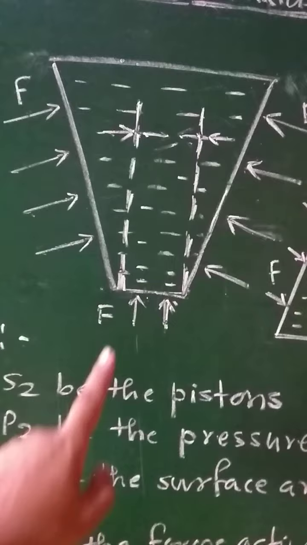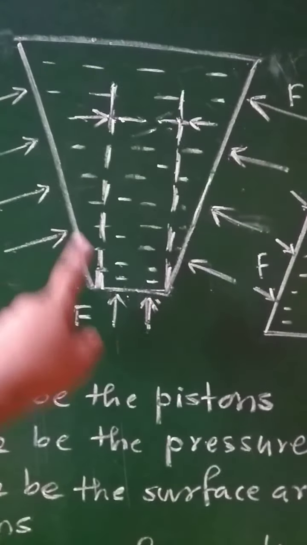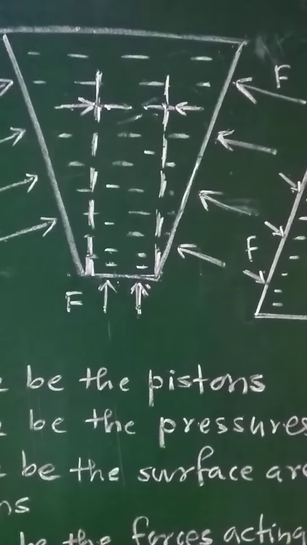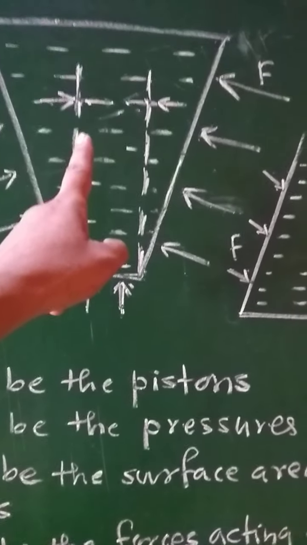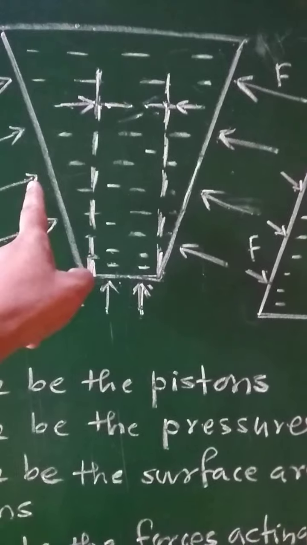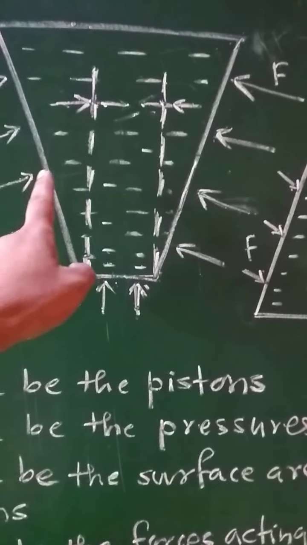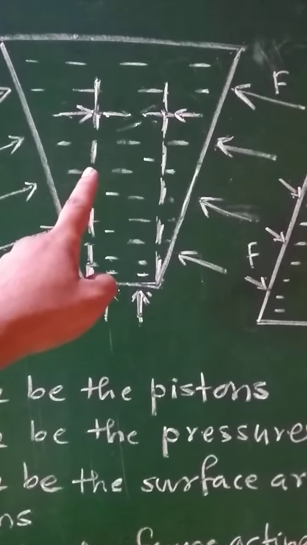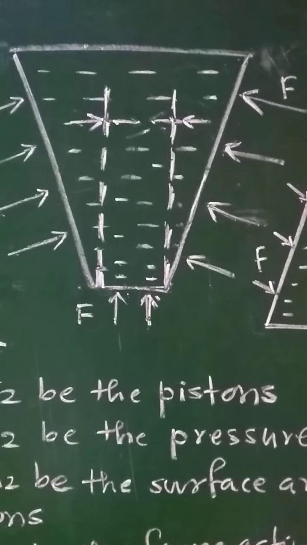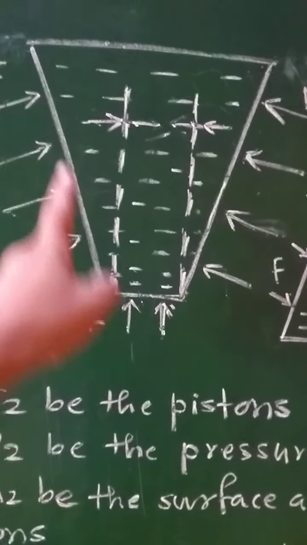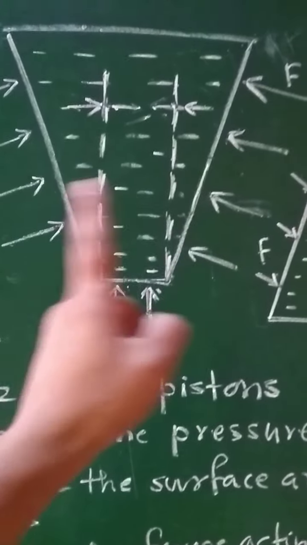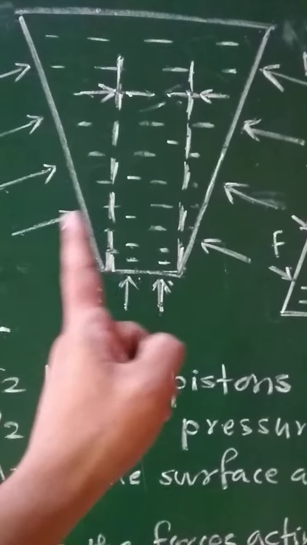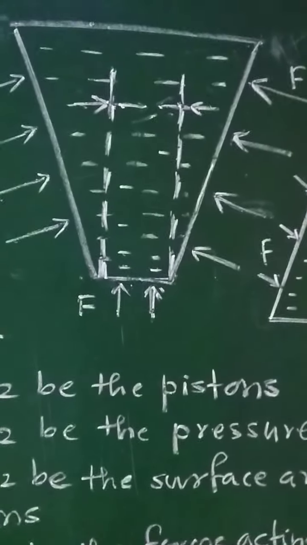So let us consider the second vessel whose walls are inclined outwards. The liquid contained in it will again exert force on these walls perpendicular to it, so it will be slightly directed downwards. At the same time, the walls will exert forces perpendicular to the walls, directed slightly upwards.